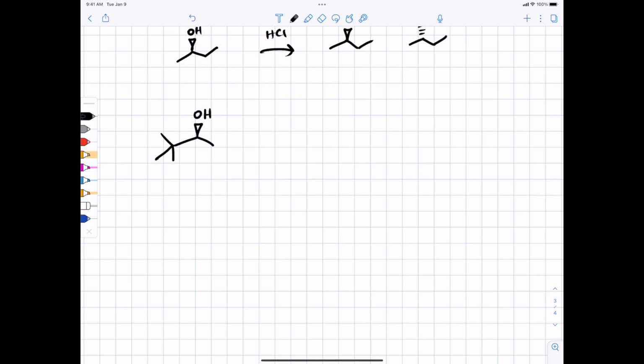Here is a chiral secondary alcohol, and if you use HBr, you get as products the expected, and I'm just going to use one line to indicate that I have both enantiomers.